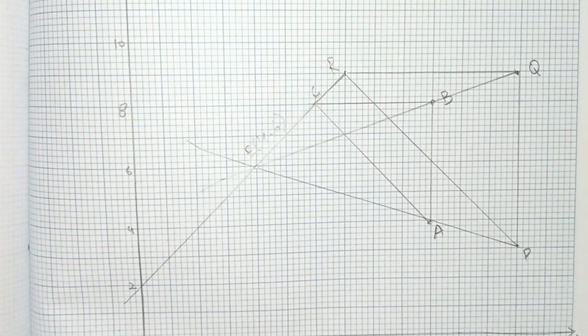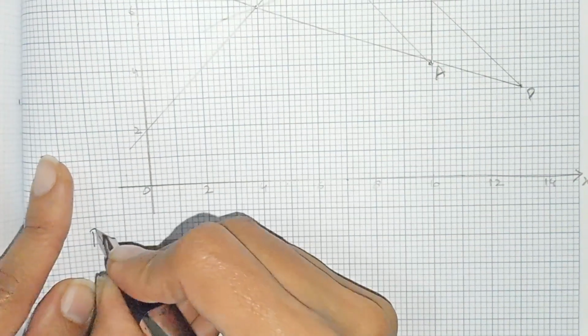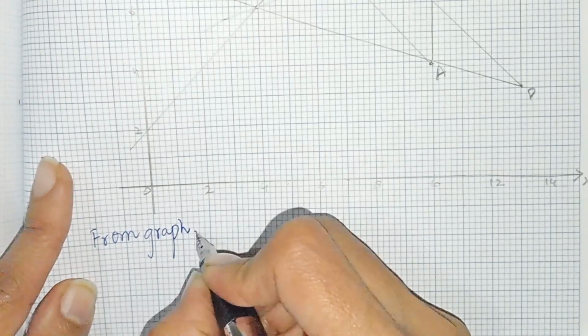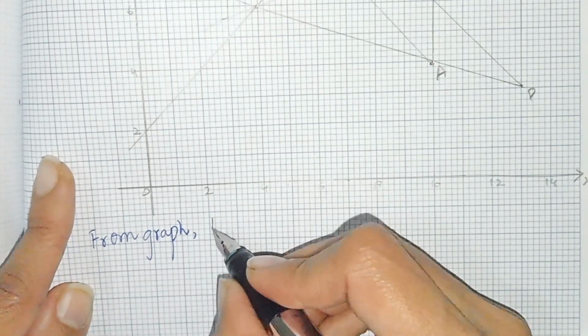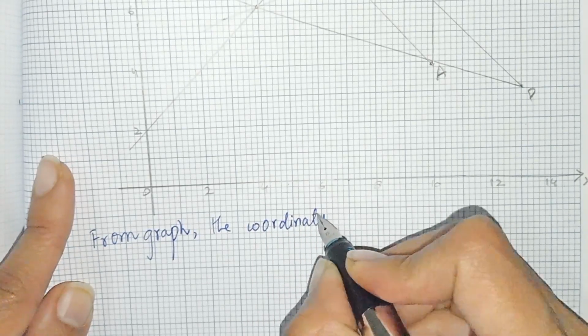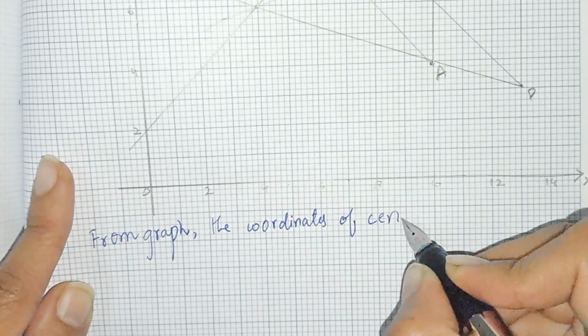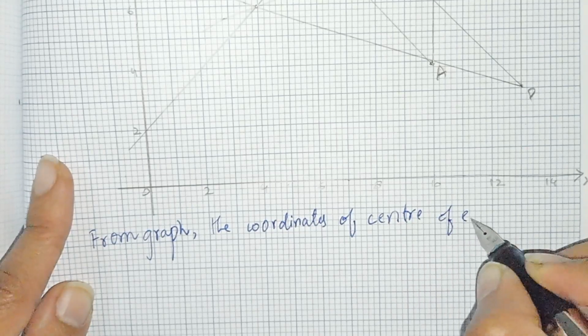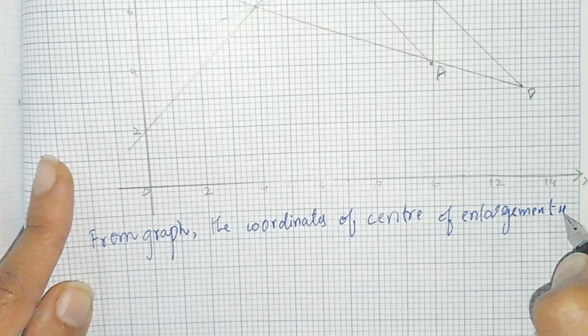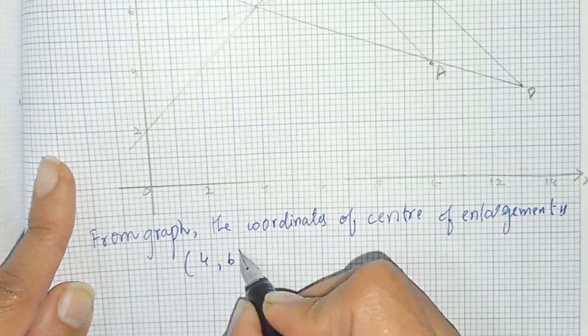So we can write from the graph, the coordinate of the center of enlargement is 4 and 6.